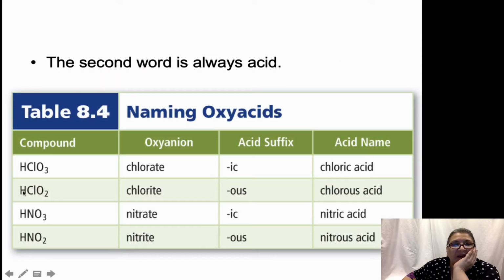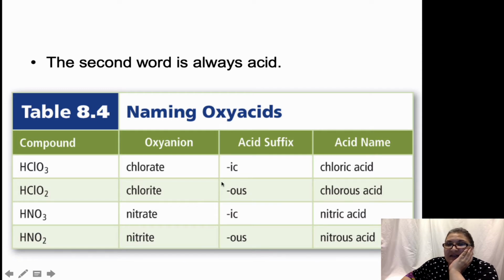For example, if your polyatomic is ClO3, that's chlorate. It ends in ATE. And you add hydrogen to it, then the acid gets IC plus the word acid. So instead of chlorate, it will be chloric acid. If the polyatomic is ClO2, it has an ending of ITE, chlorite.